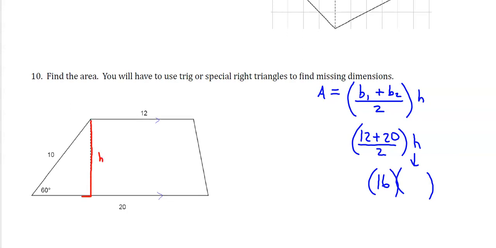So let's focus our attention on this 30, 60, 90 triangle, which, if you remember, you could use special right triangle properties. Now, this is shorter because if the hypotenuse is 10, the small side is half of 10, which is 5.